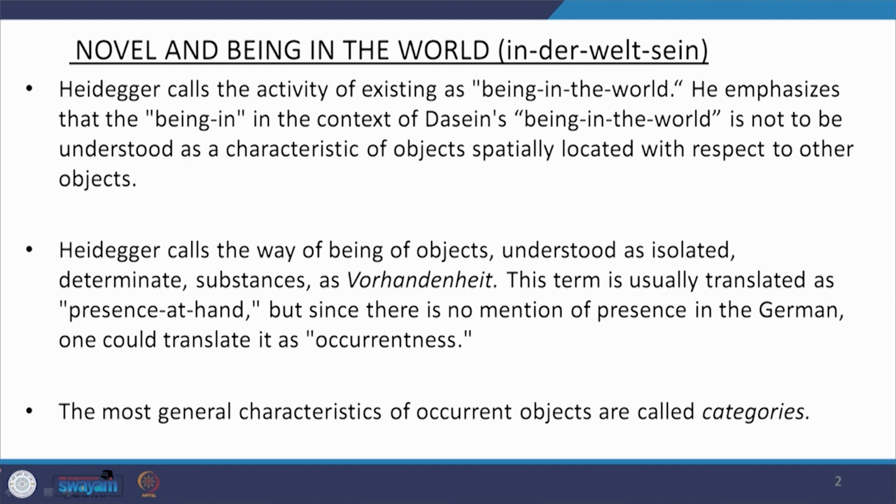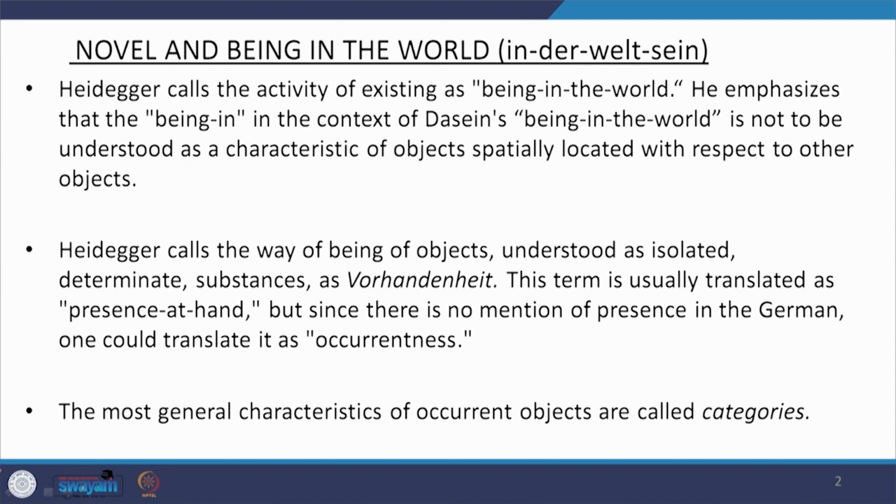Now, Heidegger calls the way of being of objects understood as isolated, determinate substances Vorhandenheit. This is one term he uses, usually translated into English as presence at hand.